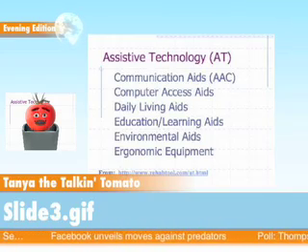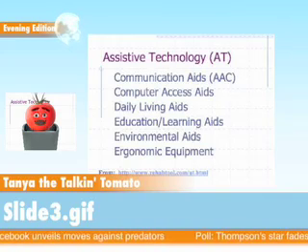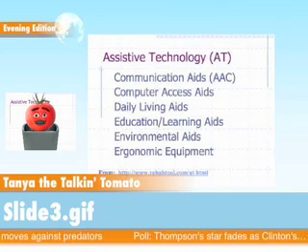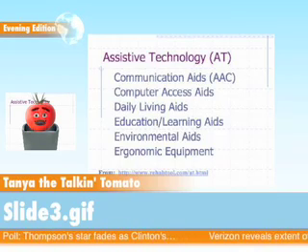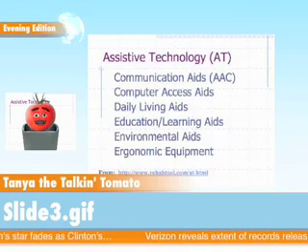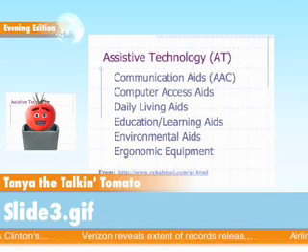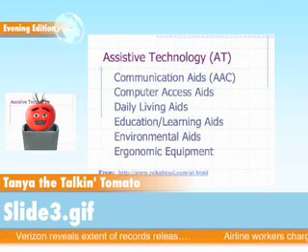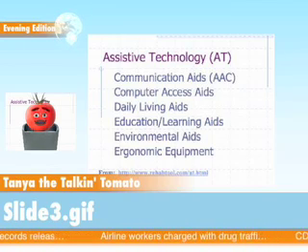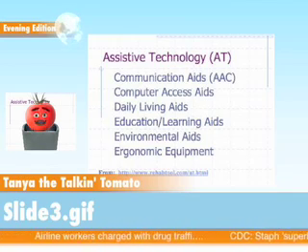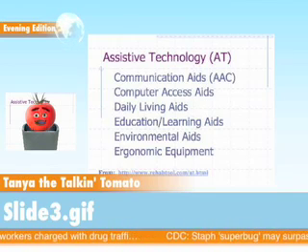Then there's computer access, like keyboards and key guards, an eye gaze pointing system, and the mouse you use when you're using the computer.